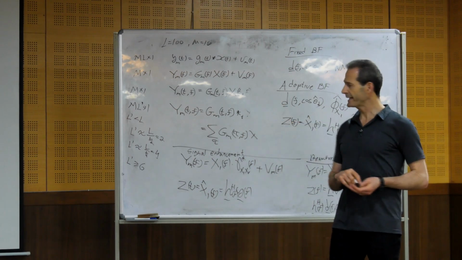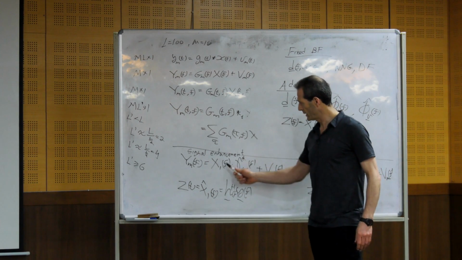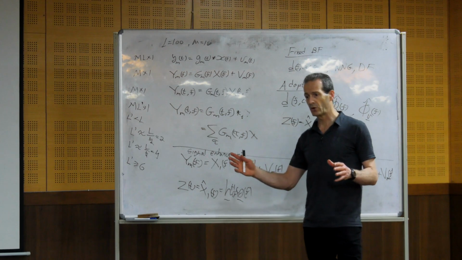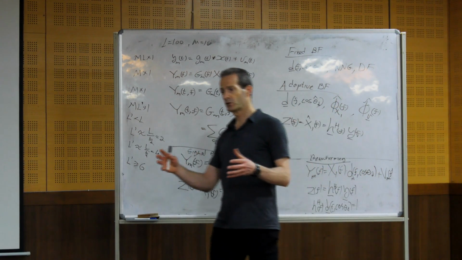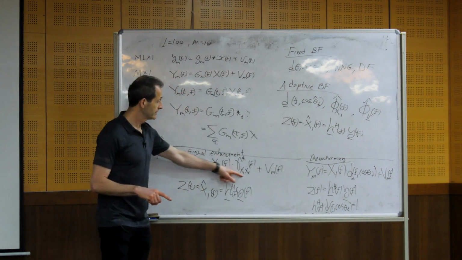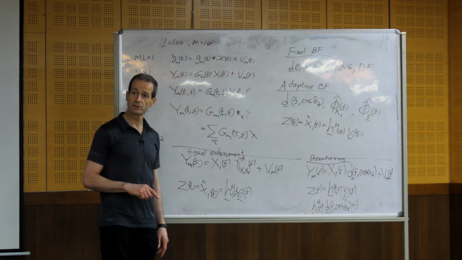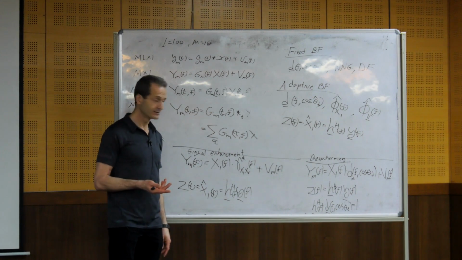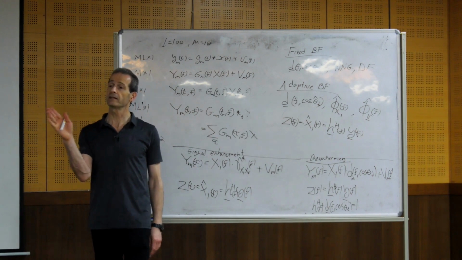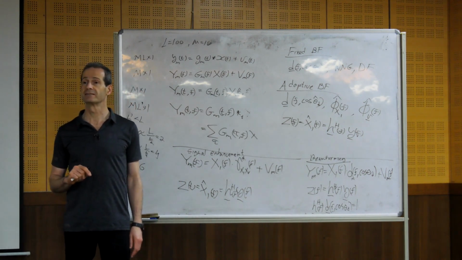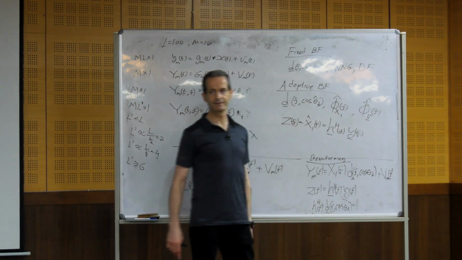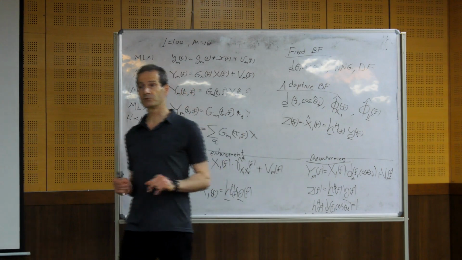So when I track movements of the source, or because of the movement of the array, I need to track the relative transfer functions, and then I call it signal enhancement. But with adaptive beamforming, I only track the direction. And of course, I need to estimate these two.